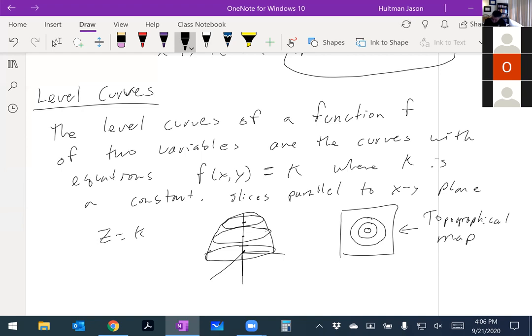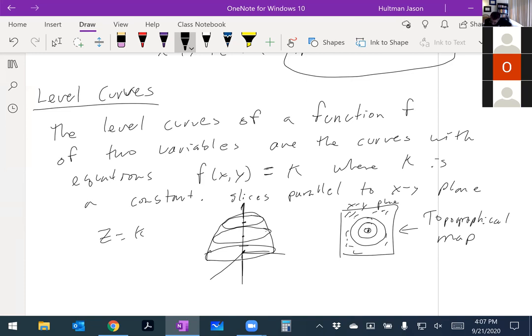So if you're looking down, this is the XY plane, and we're looking down from above, with Z coming out right here, where we would see concentric circles for various values of k.